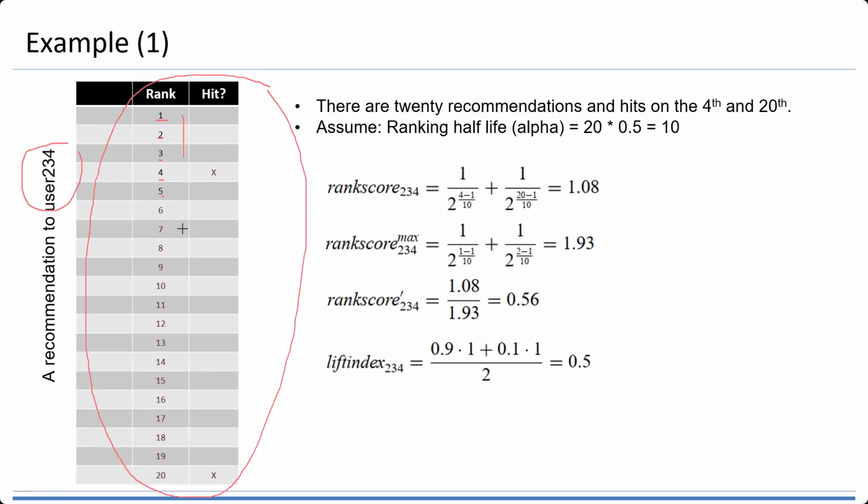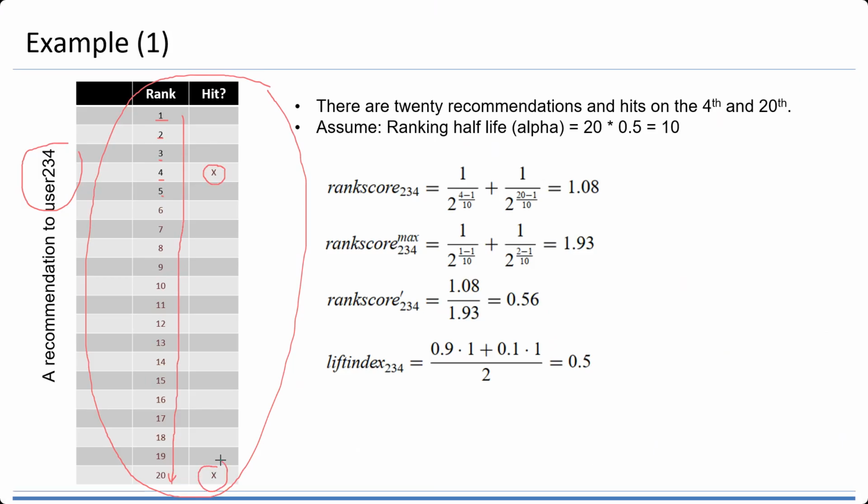This is based on the rank. So rank 1 means the item number one that we recommend. Number 2 means the item that we recommend second. And if you look at this one, hit. It means, okay, the user likes this item. And the user likes this item.